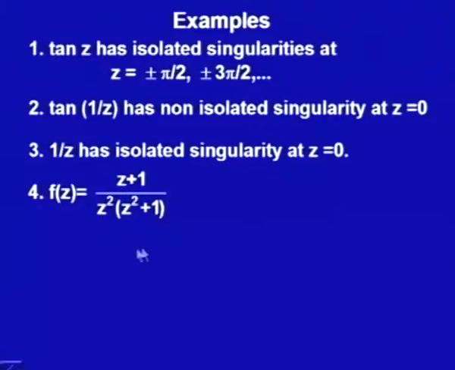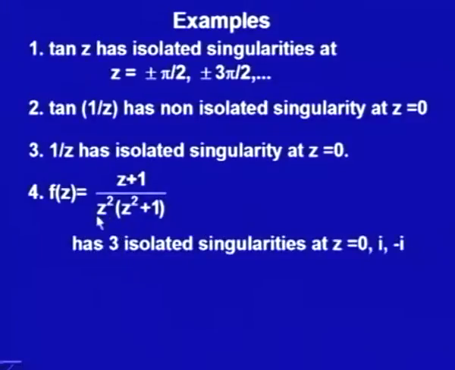We see simply from here that this function will not be defined for z is equal to 0, as well as it will not be defined for z square is equal to minus 1, or z is equal to plus or minus i. So, we do have 3 singularities: 0, i and minus i.